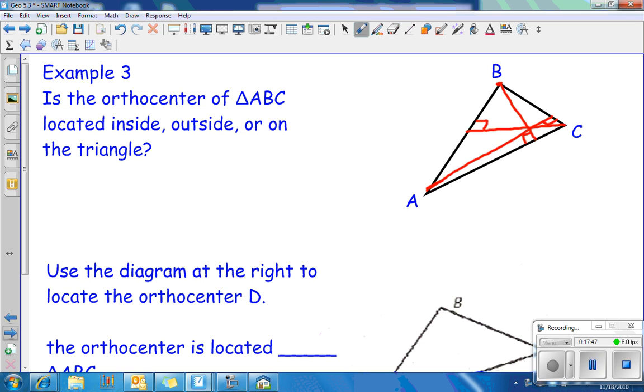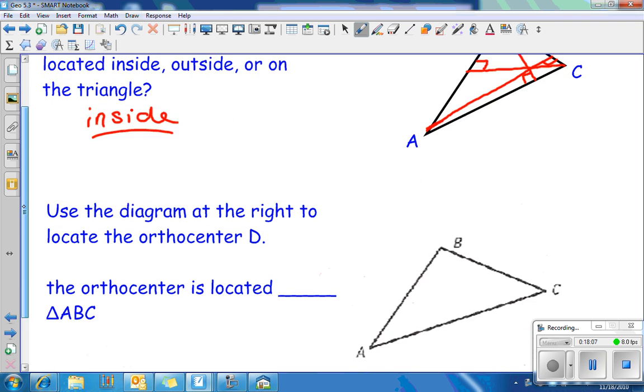Would it be on the inside or the outside or on the triangle? The point where they intersect. Inside. Okay, and you're going to figure out why on today's homework. Why that picture occurs. Why is it on the inside? You'll have to describe what that triangle looks like.